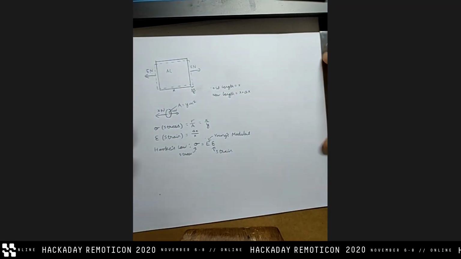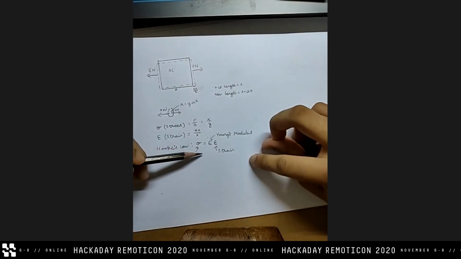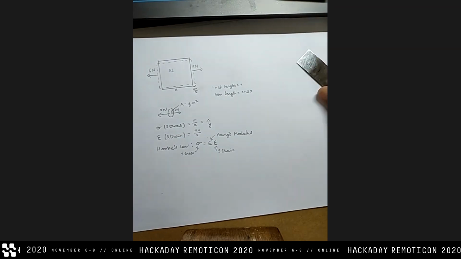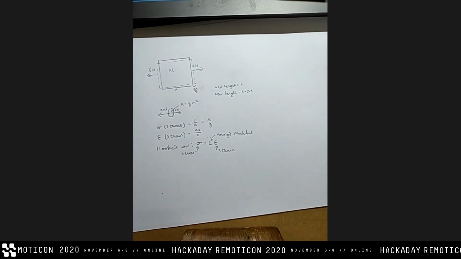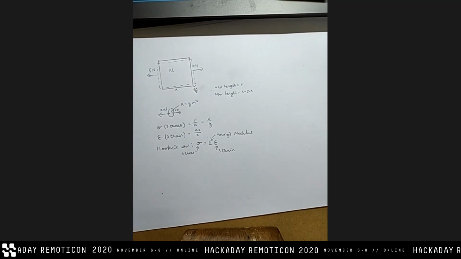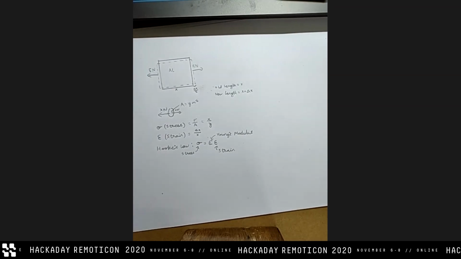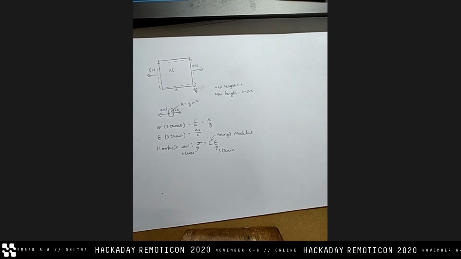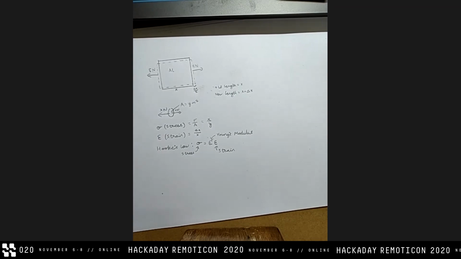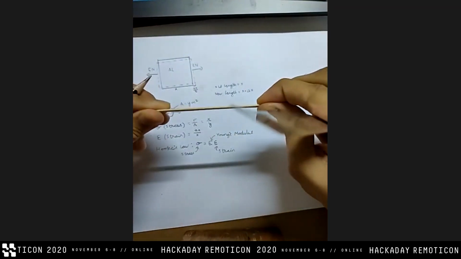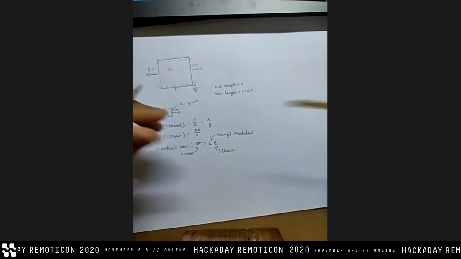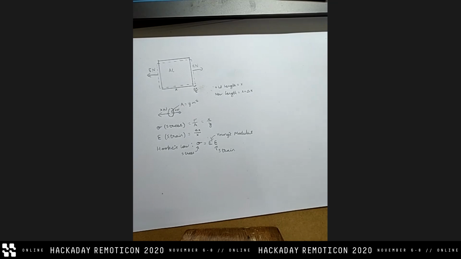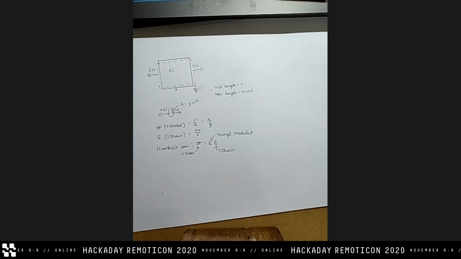So now you are familiar with what stress is and what strain is, but you're not sure what Young's modulus is. That's a new one. Young's modulus is an inherent property of the material, and it determines the elasticity of the material. Something with a very high Young's modulus means I would need to pull it a lot to see any deformation, whereas something with a low Young's modulus means you wouldn't have to pull much to see that deformation.